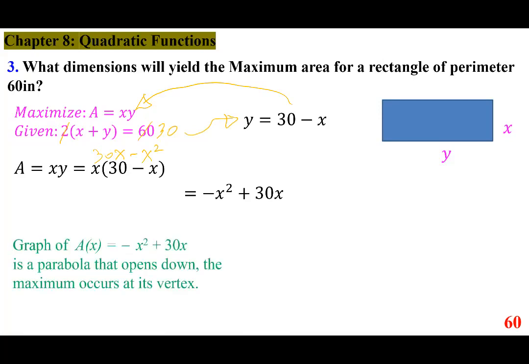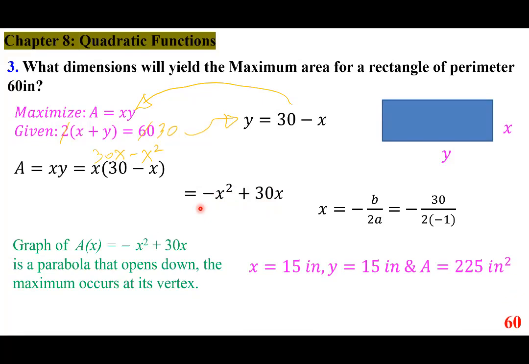Therefore, the maximum occurs at its vertex, x equals minus b over 2a. This is b, positive 30. This is a, negative 1. And it results in x being 15.